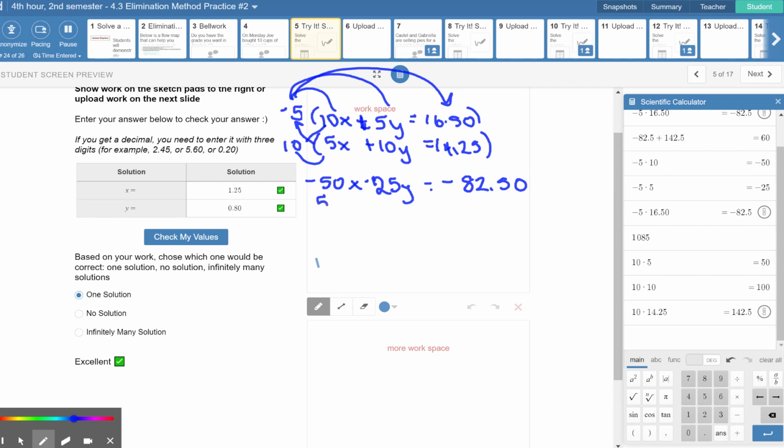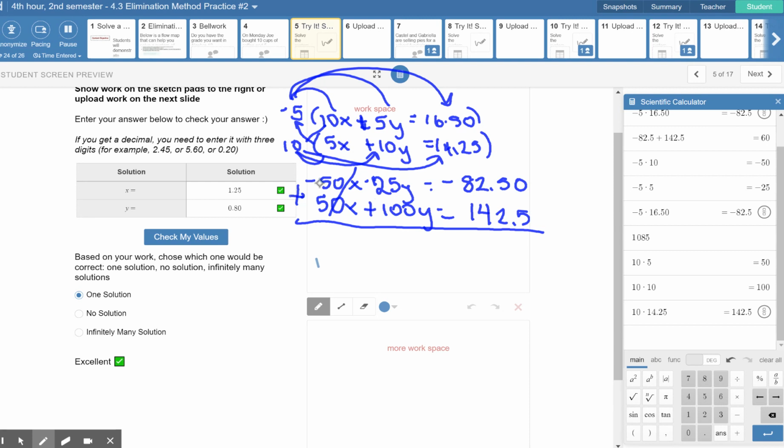So then this gets you 50X. 10 times 10Y gets you a positive 100Y. And then 10 times 14.25 gets you 142.5.